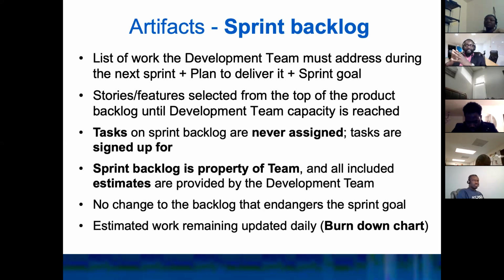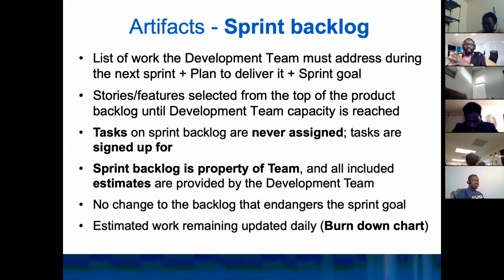Once they do that, they put all the stories that were estimated into the sprint backlog, and they decide what they cannot do for that sprint because they're over capacity, and the product owner cannot push more than what they said they can work on. There's no change. I said it yesterday, I believe. There's no change in the sprint backlog that endangers the sprint.